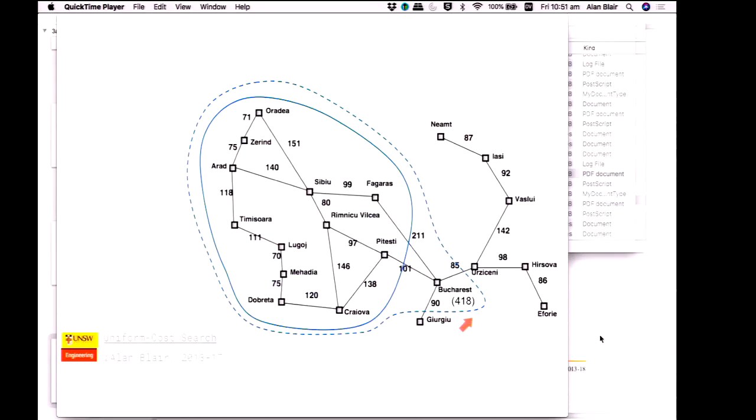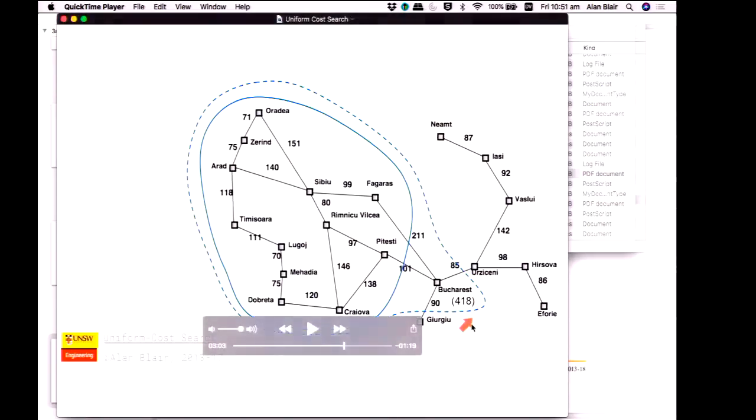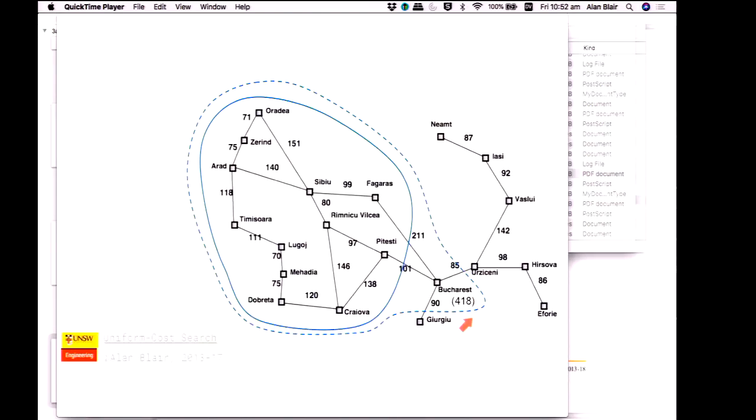It's only at this point that we can stop the algorithm, because we've expanded every node that's closer than 418 miles, and so we know that no shorter path exists.